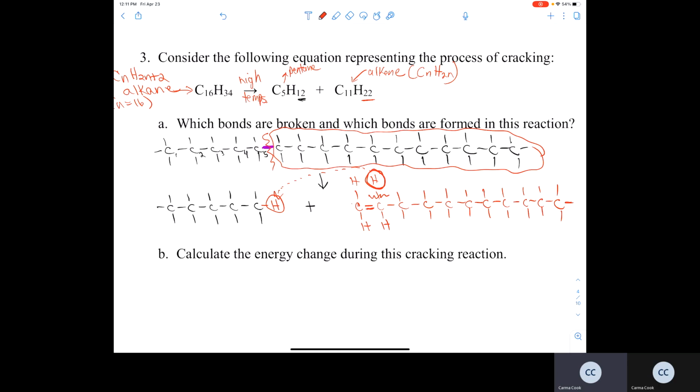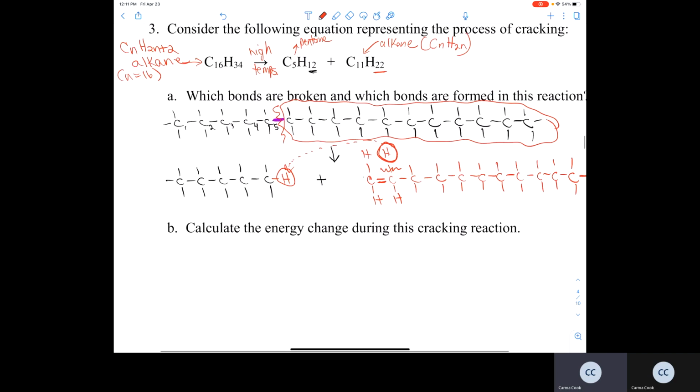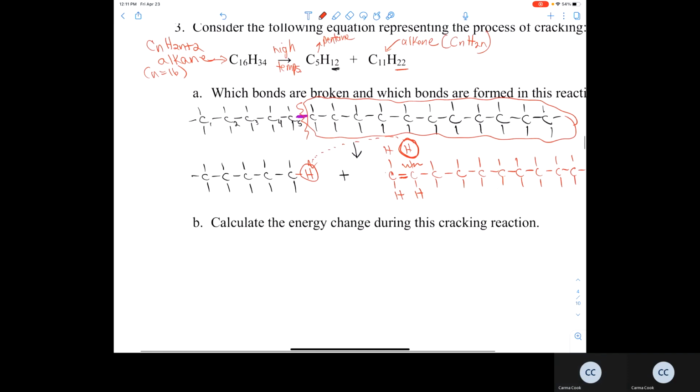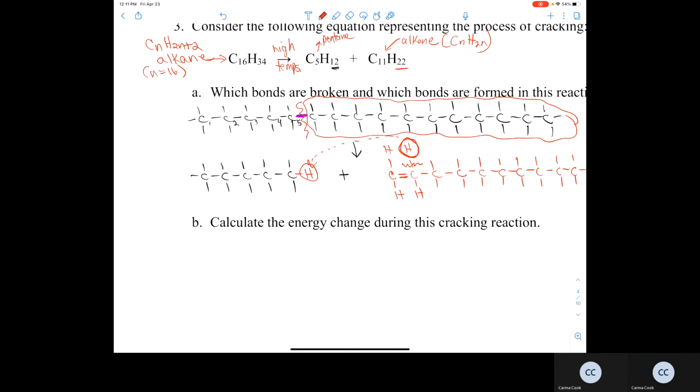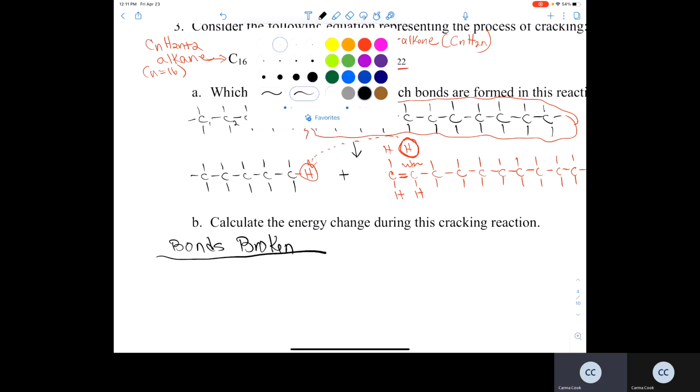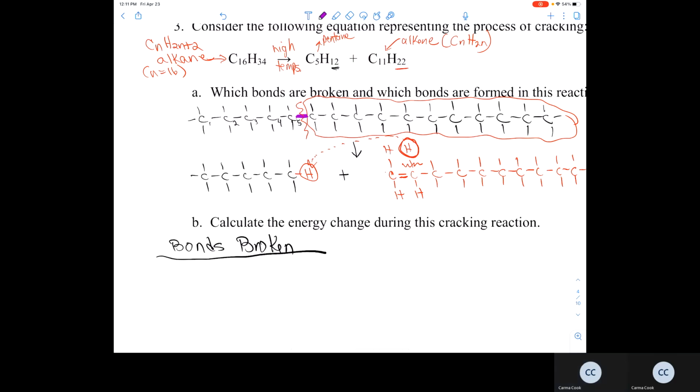So now let's analyze bonds broken and bonds formed. So we have this first one that I've drawn in purple, that carbon-carbon bond there.